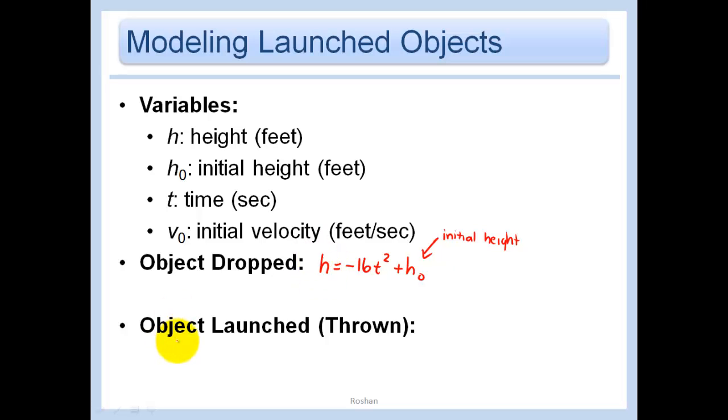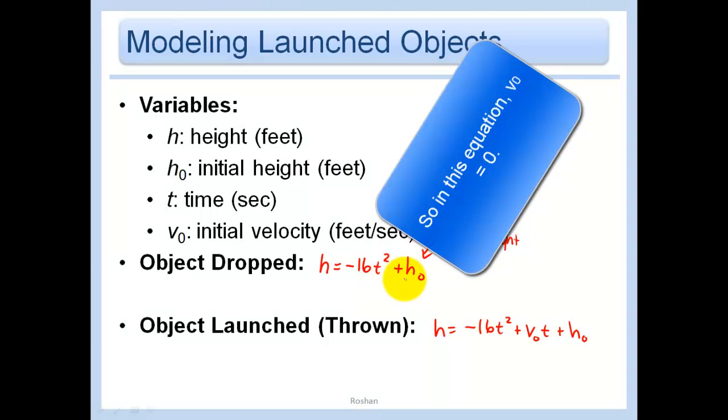Now, one more equation that you're going to learn, and again, you don't need to memorize this, is h equals negative 16t squared plus v naught t plus h naught. And the v naught is just the initial velocity that I'm throwing it at. So this is a case where I'm throwing an object instead of just dropping it, in which case I would have no initial velocity if I just dropped it.